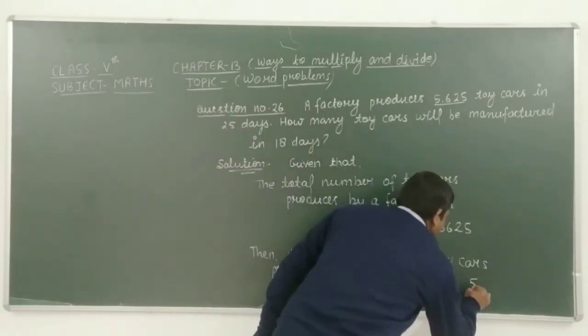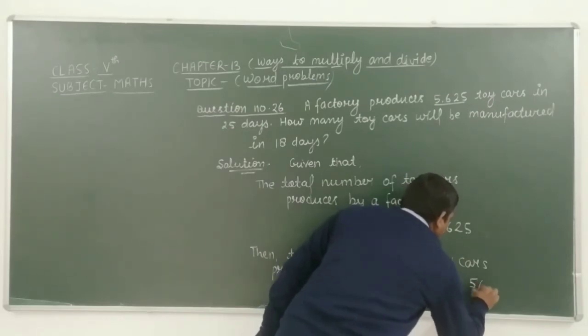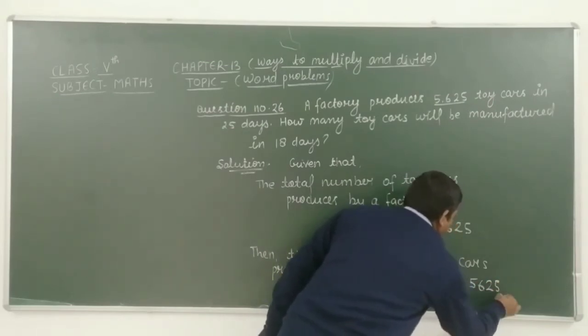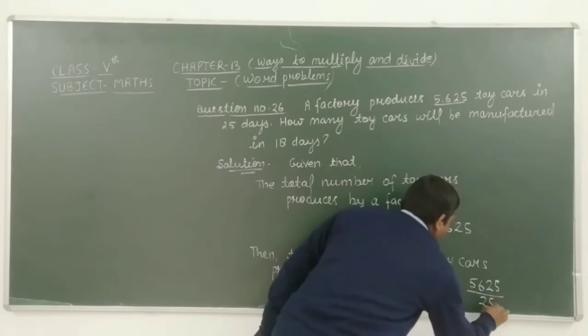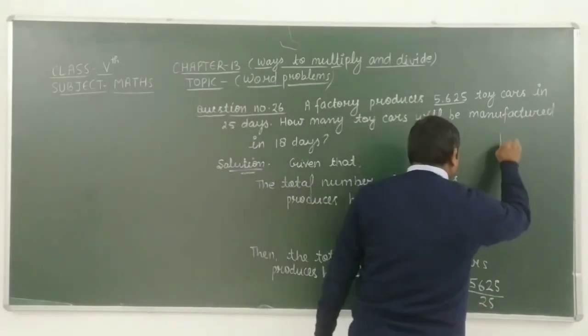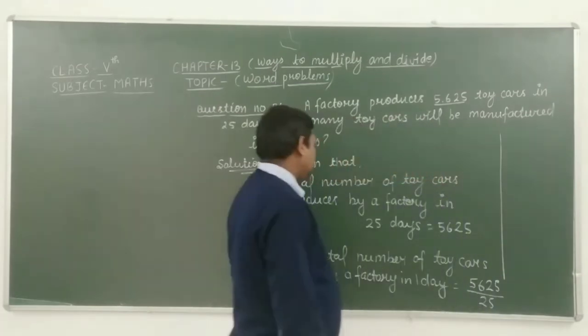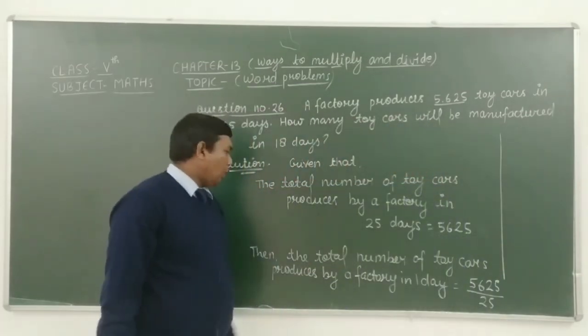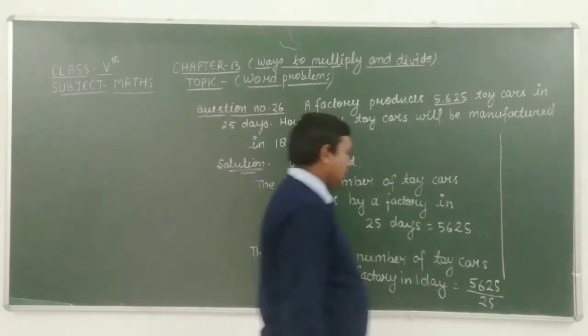It means that we can write here 5625 over 25. After solving this we get the total number of toy cars produced by a factory in one day.